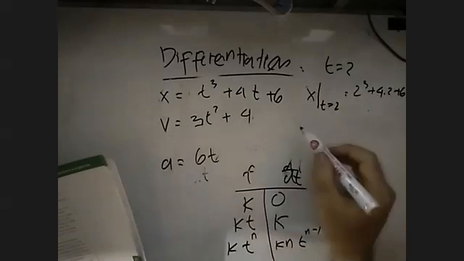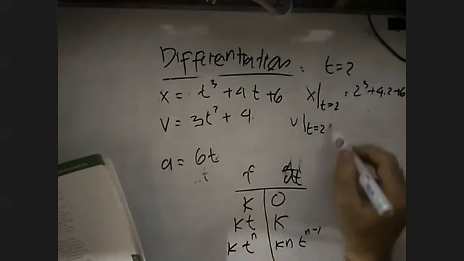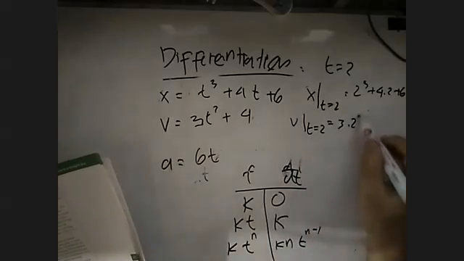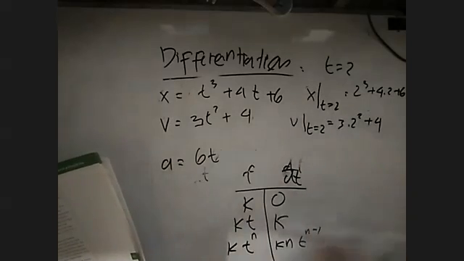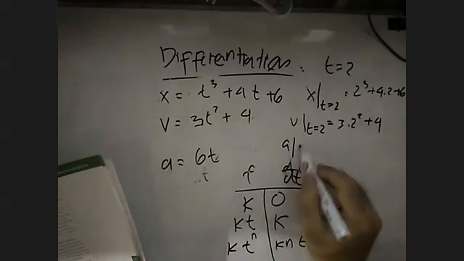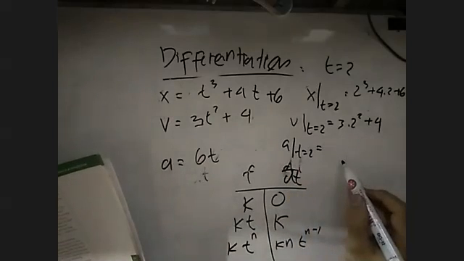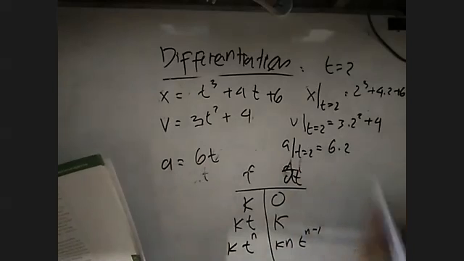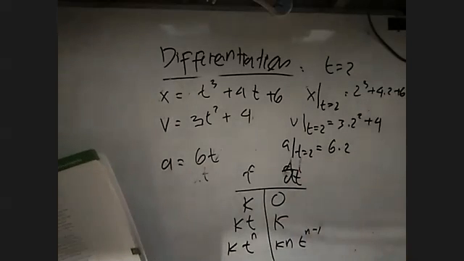For v when t equals 2 it is 3 times 2 squared plus 4. For a when t equals 2 it is 6 times 2. For each case, we will need to use your calculator just to find the result.